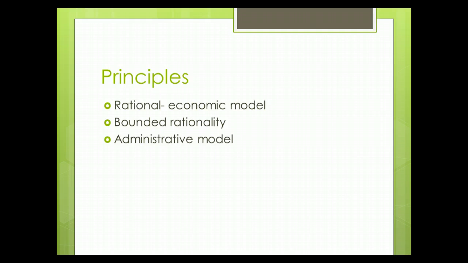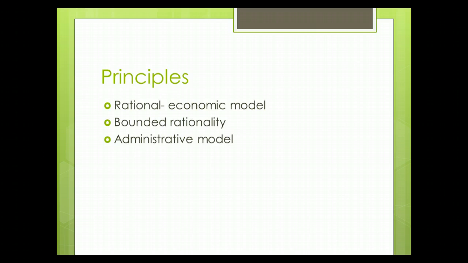We've got a general principle of decision making called the rational economic model. Now, this model assumes that when we make decisions, we're making a decision that has complete and accurate and perfect information, and that we're able to process that information accurately and without any biases.